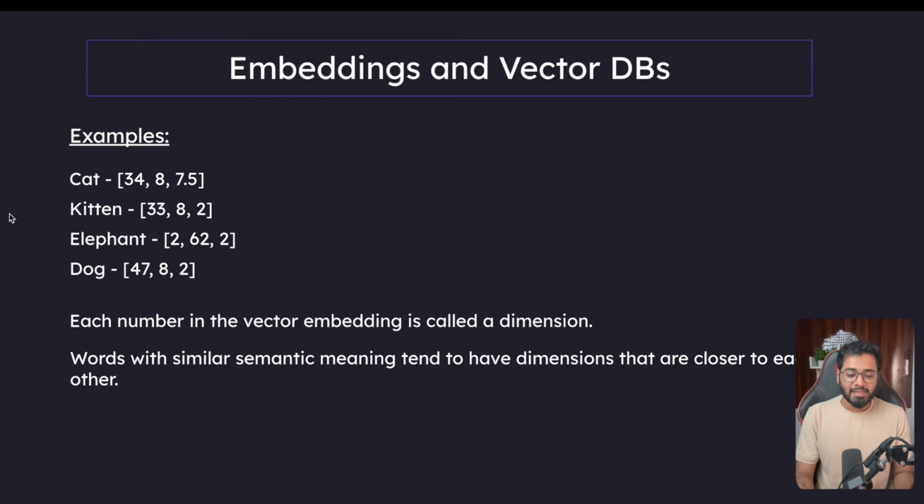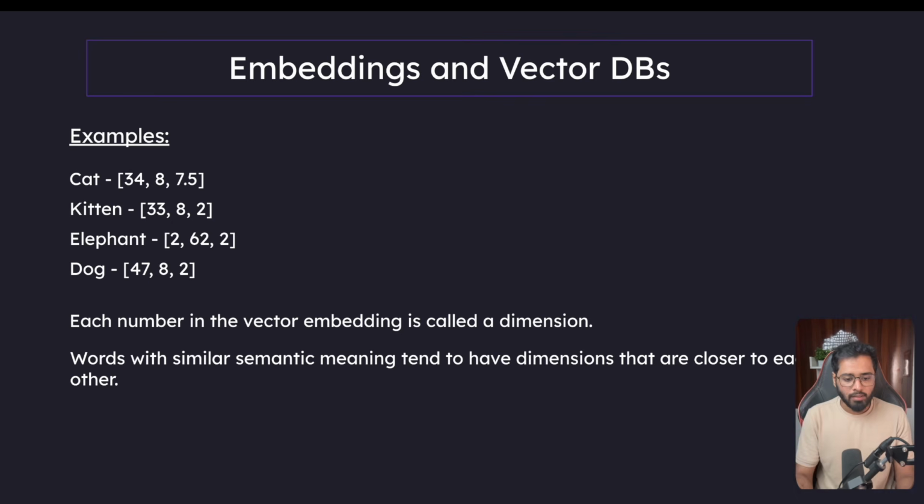What this means is, let's take a look at cat and kitten. You can imagine that they are both similar to each other. A kitten is basically a younger version of a cat. So if you look at the first dimension, let's just assume that the first dimension talks about size. The second dimension talks about pet: could this word denote a pet or not?